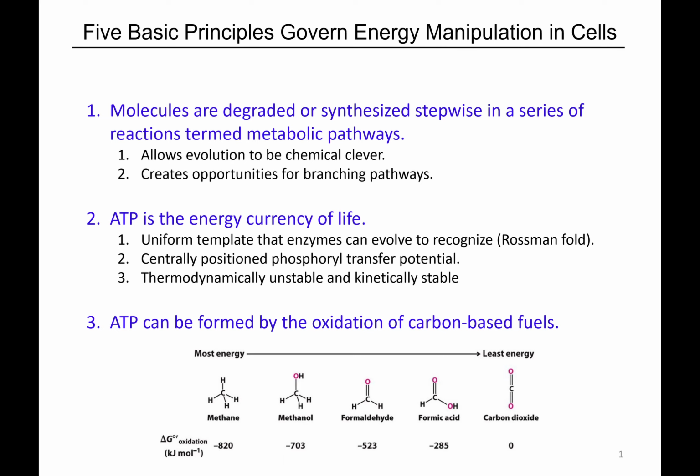And you may remember from 523, I suspect Dr. Hurlbert mentioned the Rossmann fold. It's this very, very well conserved structural motif that when you see it, you can be quite sure you're looking for an ATP, or at least an ADP, functional group, okay?